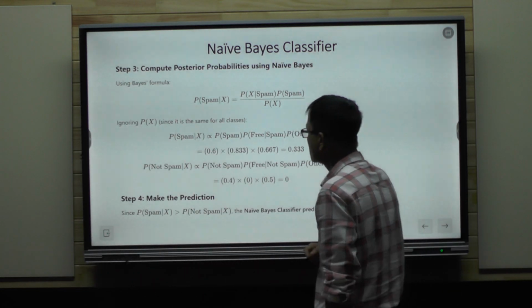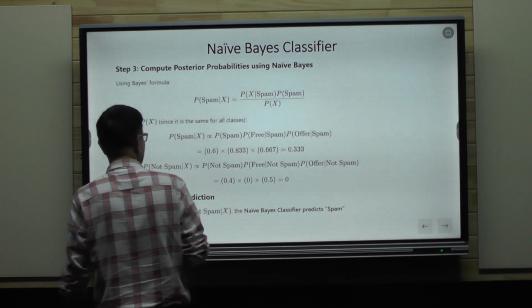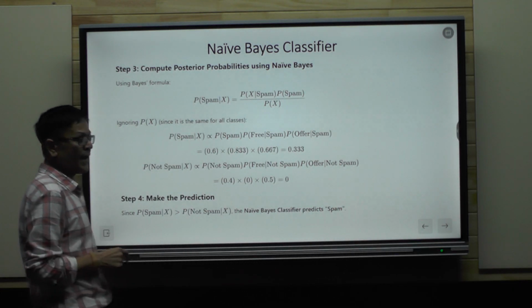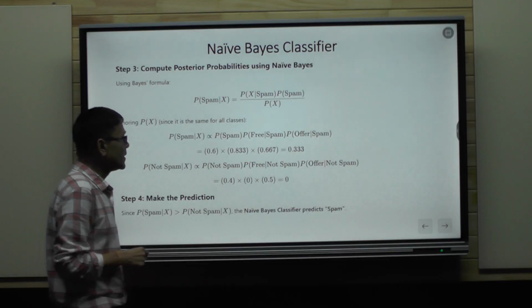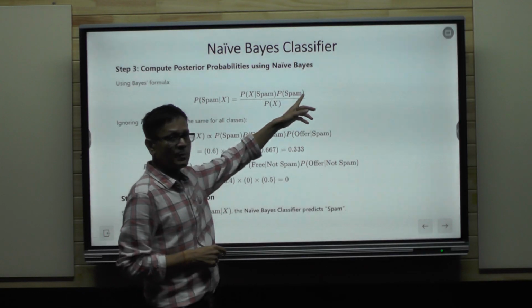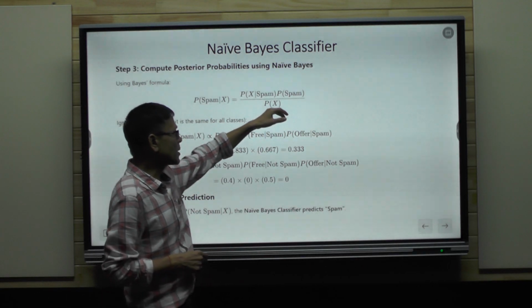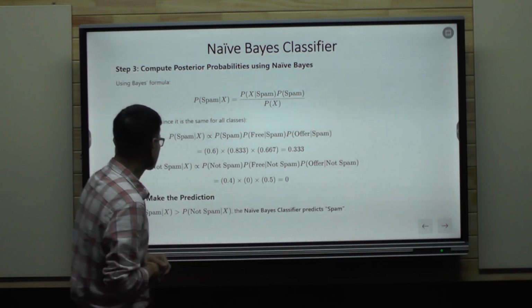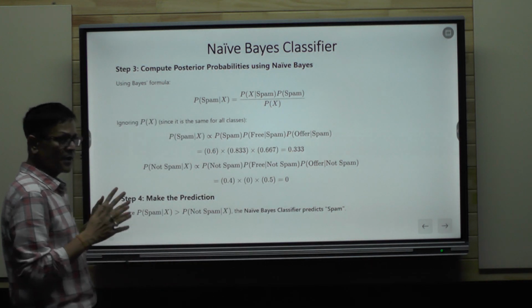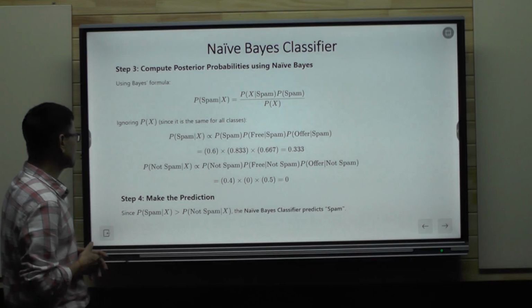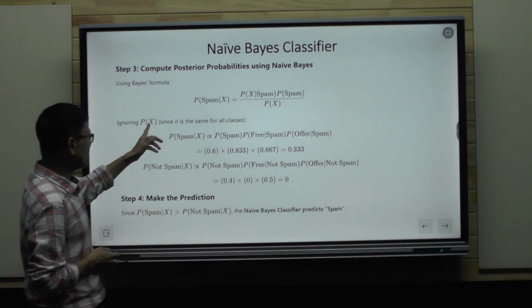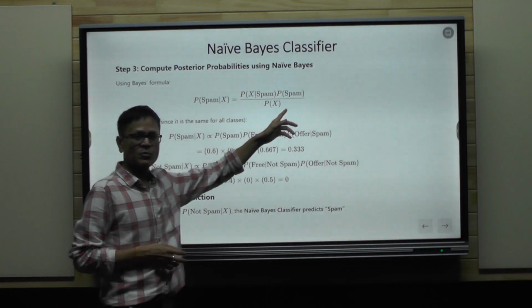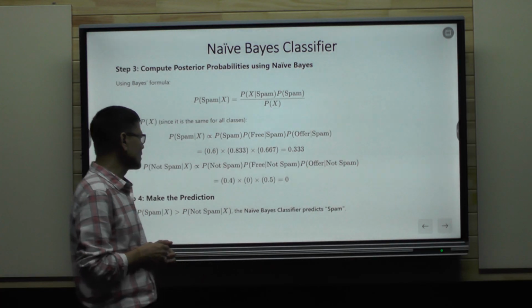Okay. So we use the Bayes formula to compute P(spam | x), that is P(x | spam) multiplied by P(spam) divided by P(x). We have already done all kinds of computation, so ignoring P(x), because P(x) would be the same for every class.